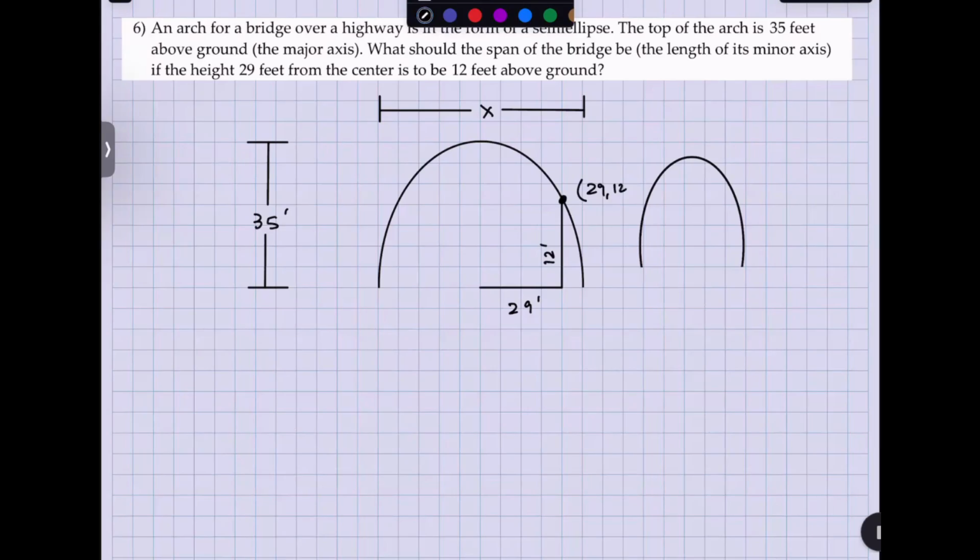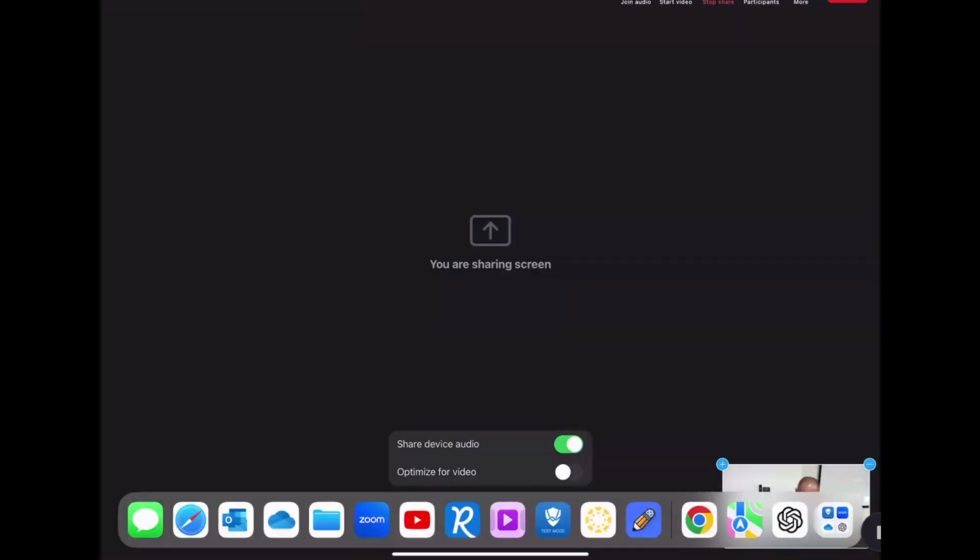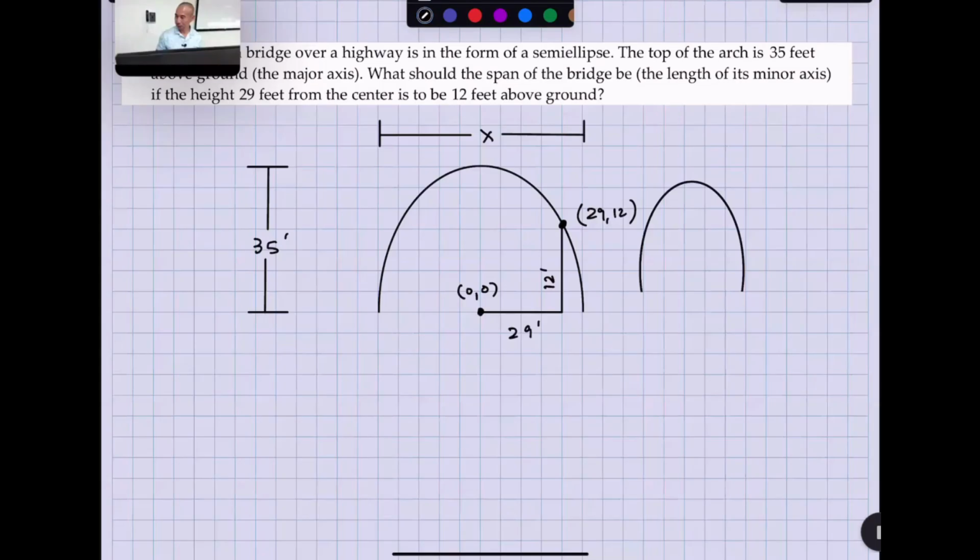It's not moving there. Hold on, guys. Wi-Fi not so good. Okay.